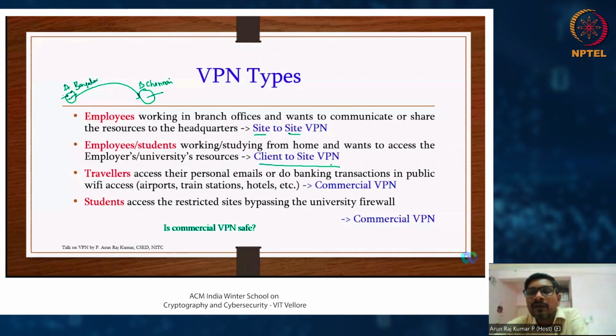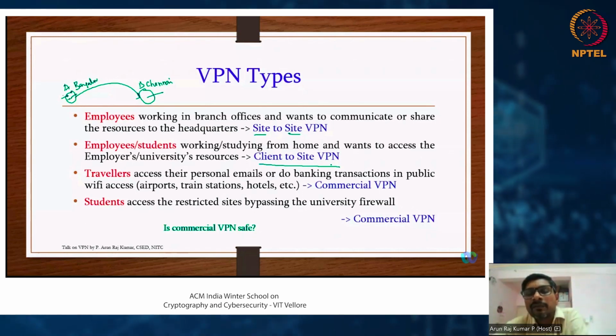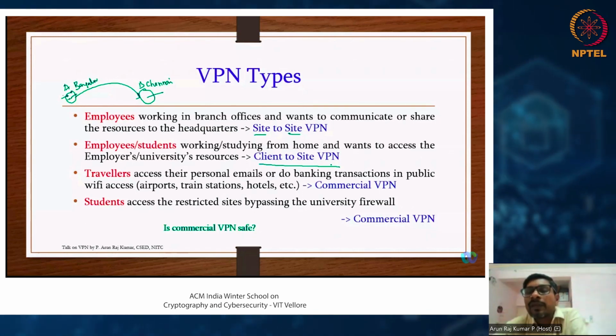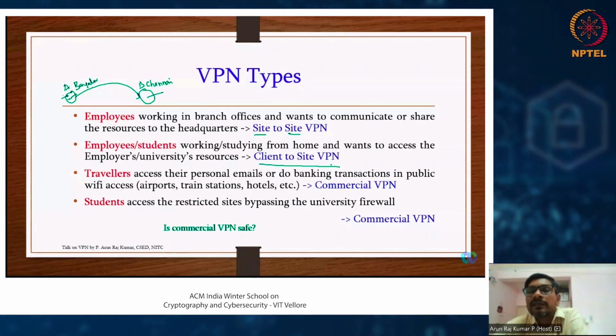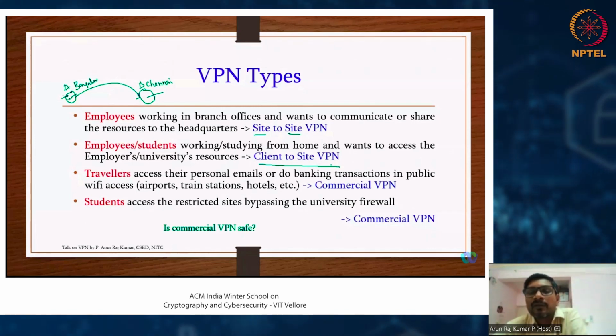Students download commercial VPN software, such as OpenVPN, and there are many commercially available ones, paid, free or trial versions. Using that, they hide from the university firewall and access the blocked sites. This is also possible with commercial VPN.